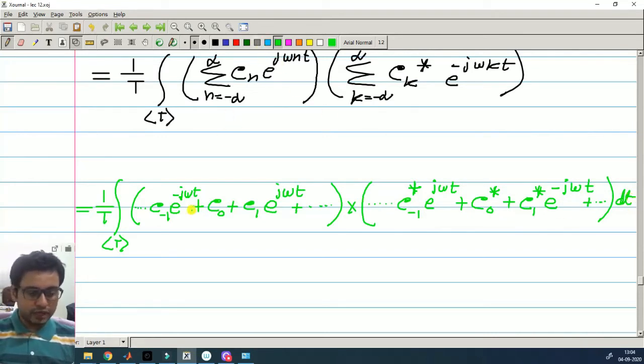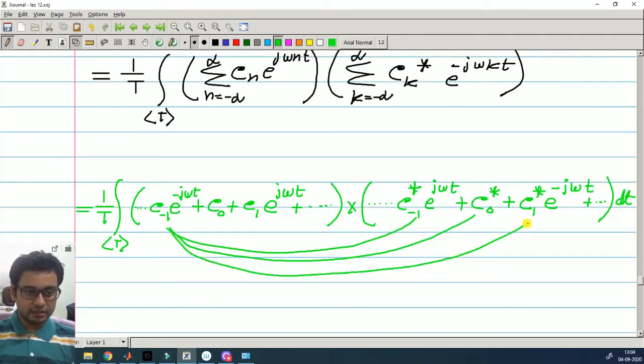Now we have to multiply each term in this first pair of brackets with each and all terms inside this second pair of brackets. Like this term will get multiplied with this, also with this and this, and so on.